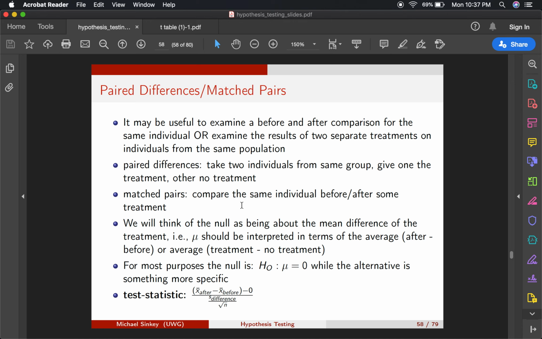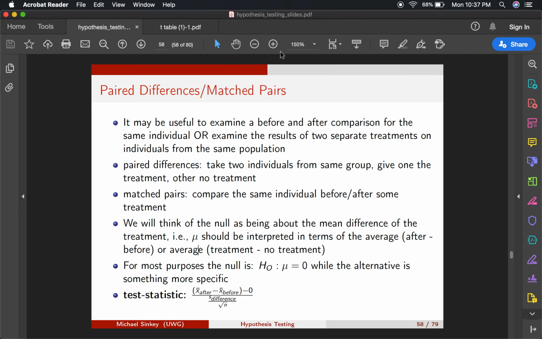But each observation has two pieces of information. We subtract them from each other. So for most purposes, we're going to have a null where the mean difference is 0. Take a look at this mu. It is a difference between two groups, and we're only going to use 0 in this class.